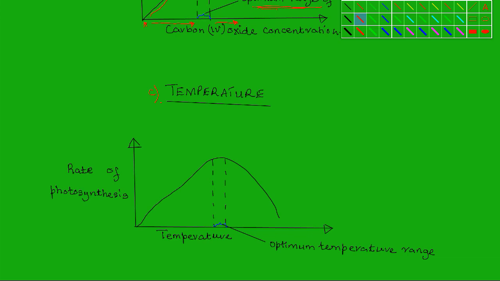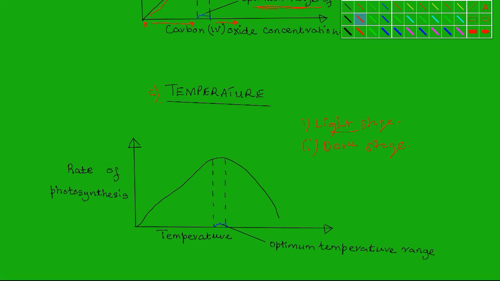The light-dependent stage of photosynthesis is not affected by temperature. Remember, there are two stages of photosynthesis. There's the light stage and the dark stage, also known as light independent.